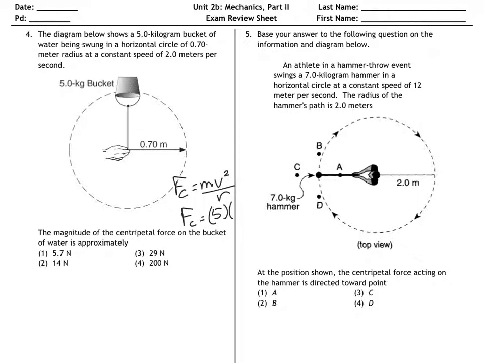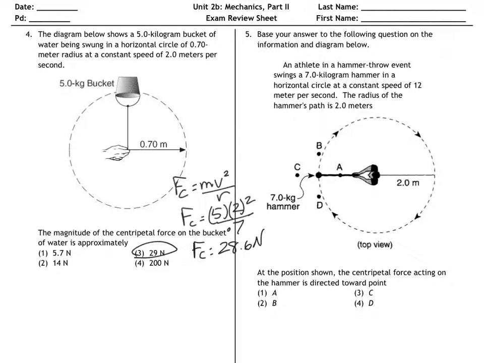The velocity is 2 meters per second. Don't forget to square. And the radius is 0.7 meters. I got as my answer 28.6 newtons. So the best choice is 3.